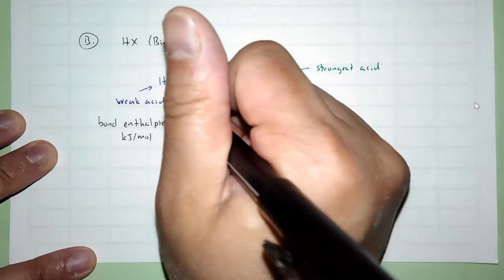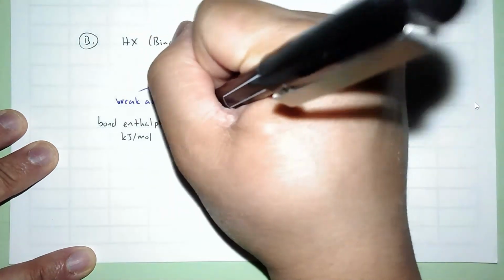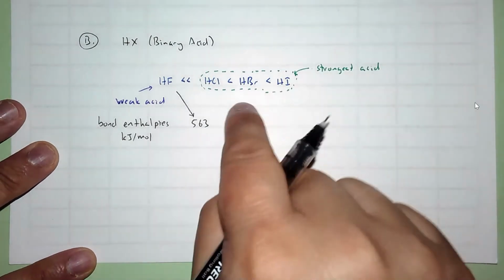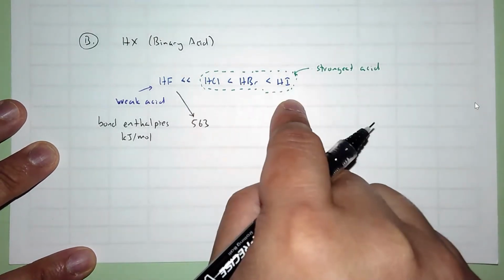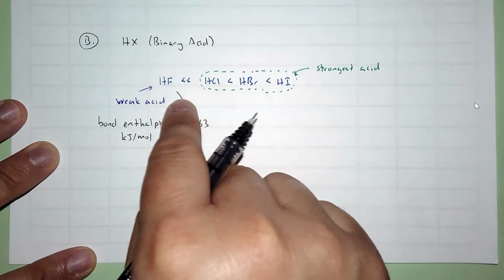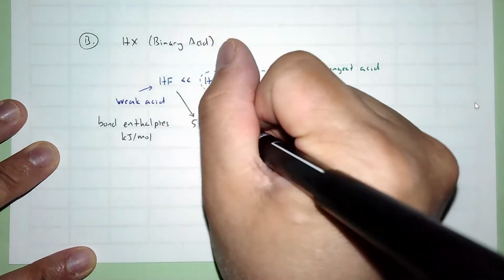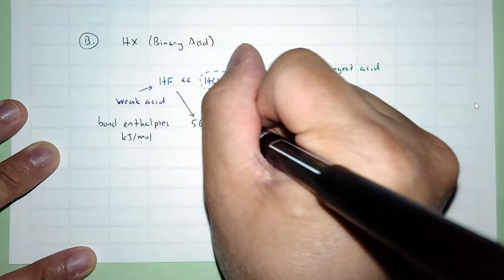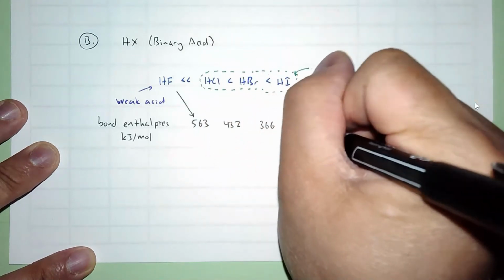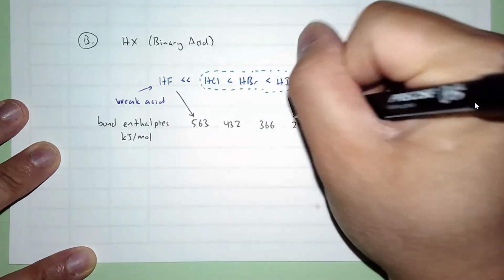I'll give you HF first, 563. As the acids get stronger, they're more able to ionize, so their bonds are easier to break. You would expect this number to track lower as you get stronger and stronger in acidity. 432, 366, and 298 for hydroiodic acid, the weakest bond.